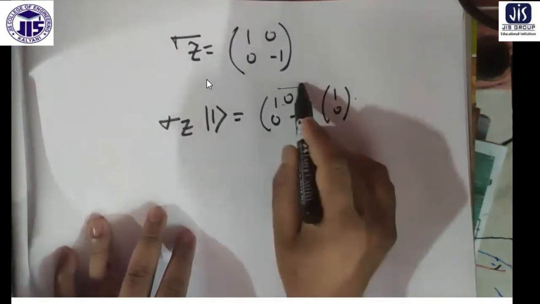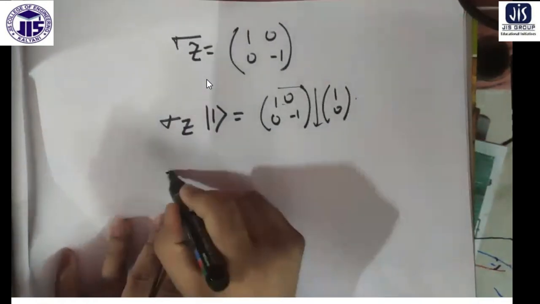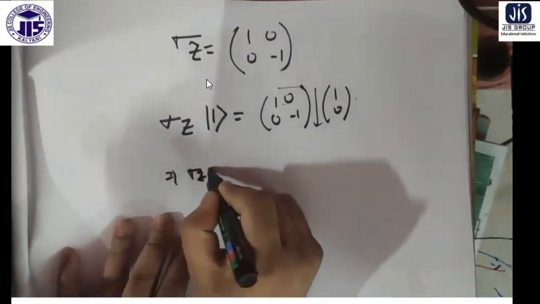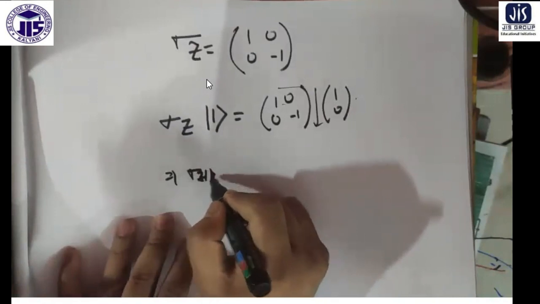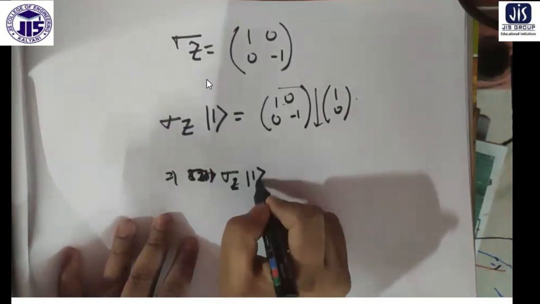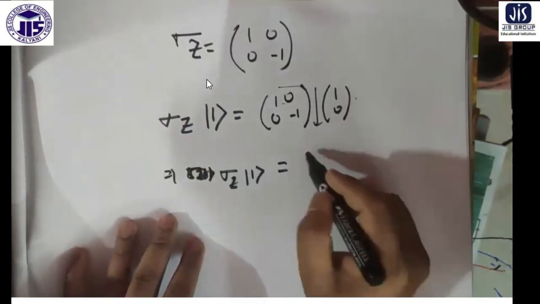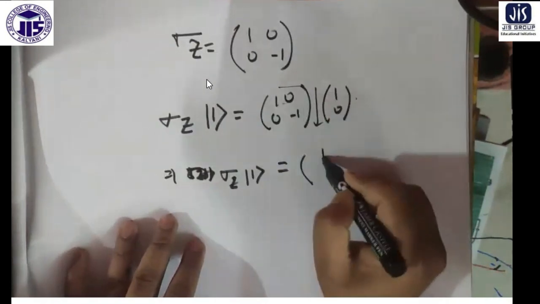If you multiply, this becomes like this much. So if you multiply this, you get this much, 1 into 1.